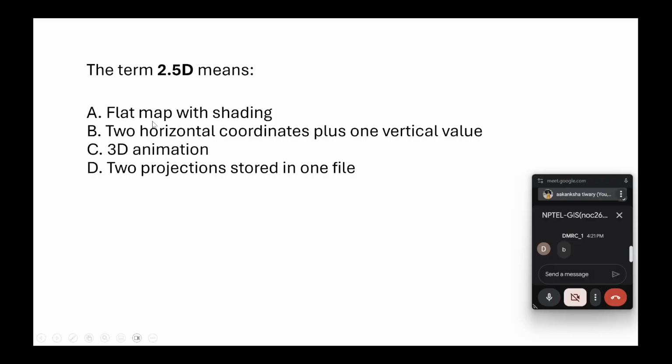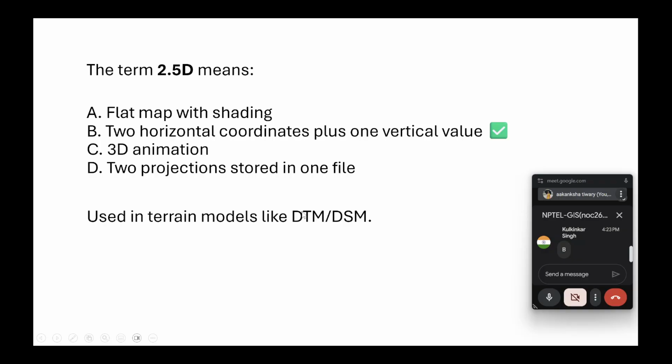This term: flat map with shading, two horizontal coordinates plus one vertical value, 3D animation, or two projections stored in one file. Okay, so yes, 2.5D means two horizontal coordinates plus one vertical value.